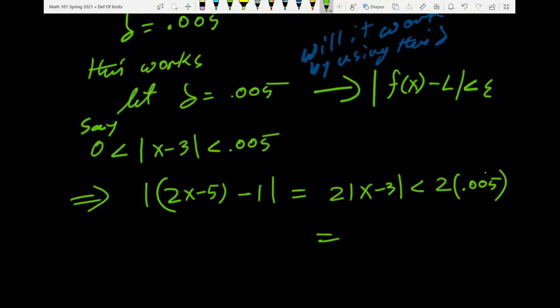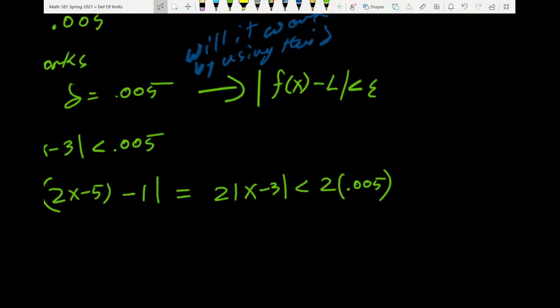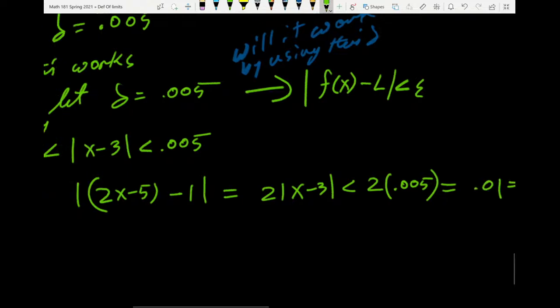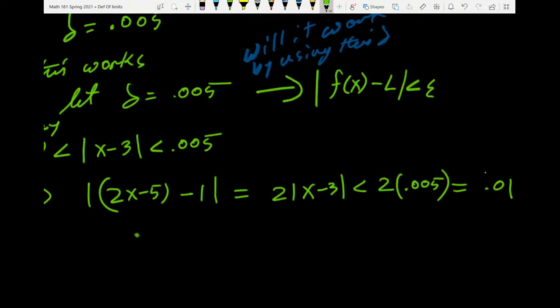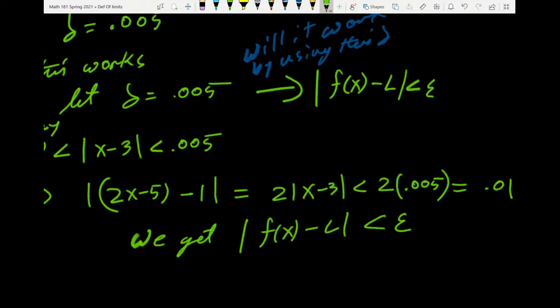Voila. This is actually 0.01, which is the epsilon. So now we get f of x minus L is less than epsilon.